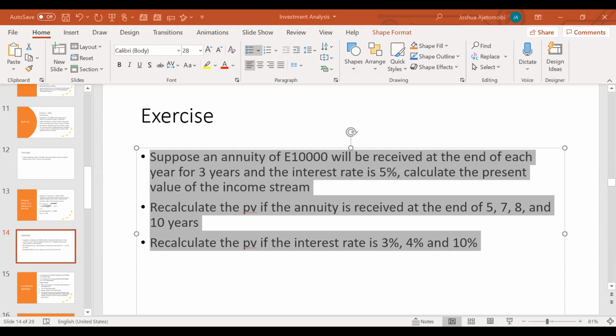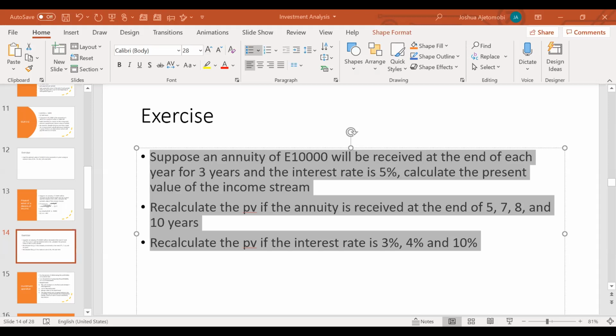For 3%, 3 years, I got 28286.11. Yeah, that's good. I got the same. Then 3 years, 4%, 27750.91. Good. Did you get the same thing? Yes, Prof. Okay. Then now for 10%, the last one, 24868.52. I got the same. Good.